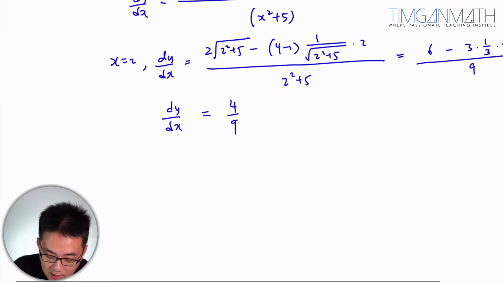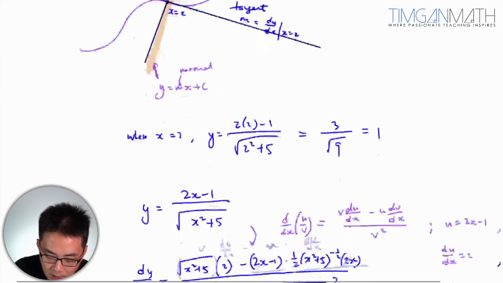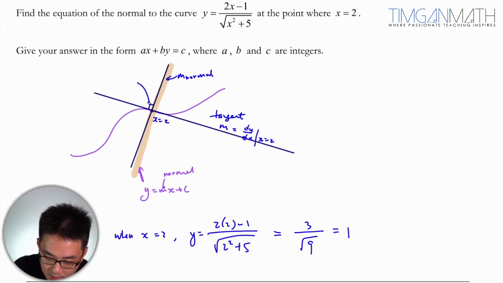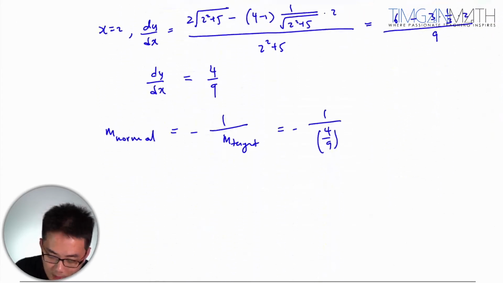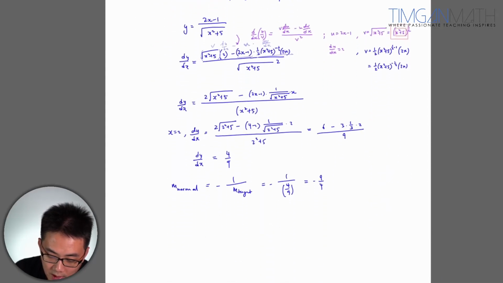This is the gradient of the tangent, so the gradient of the normal will be minus 1 over the gradient of the tangent. So this is minus 1 over 4 over 9, because it's 90 degrees there, and 90 degrees means that when you multiply them, m1 times m2 is minus 1. So we get minus 9 over 4. After which we use the point, 2 and 1.